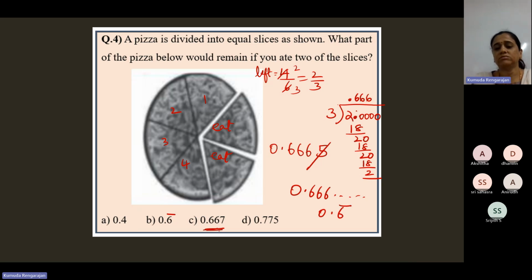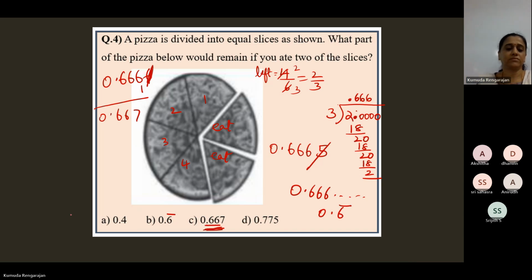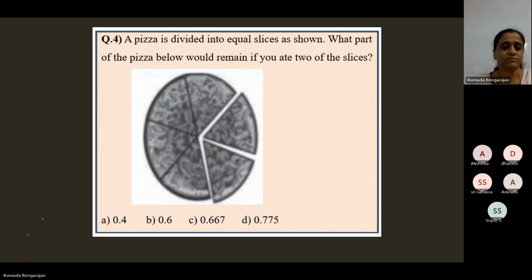How do you get this answer from your answer? That's what I was explaining. Take four 6s, take away the last 6, increase the previous one by 1 because it's more than 5. So that's how you get 0.667. All right? Yes, Mom.